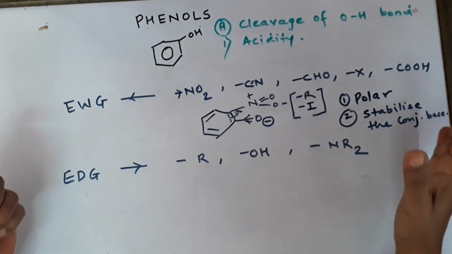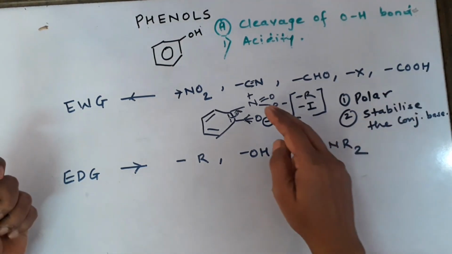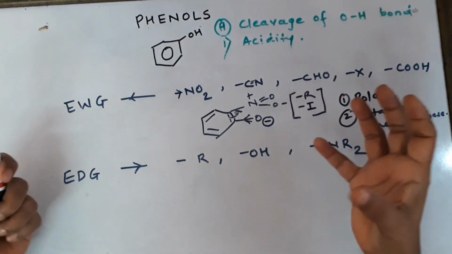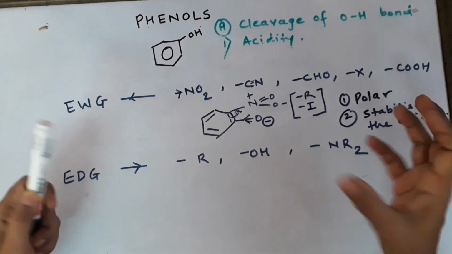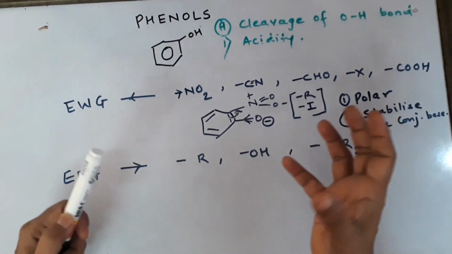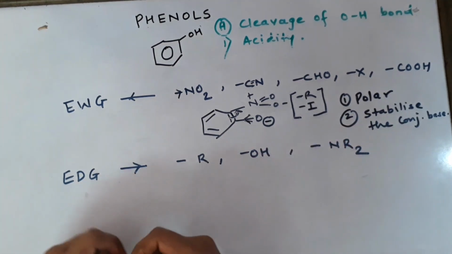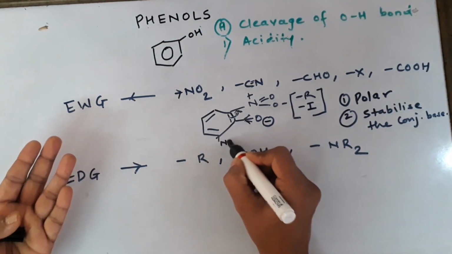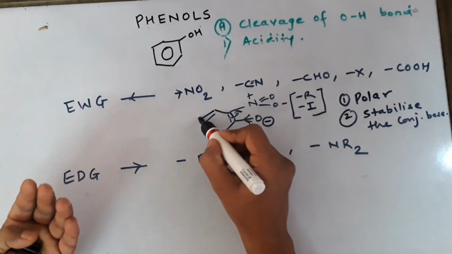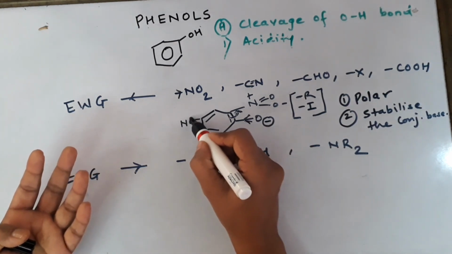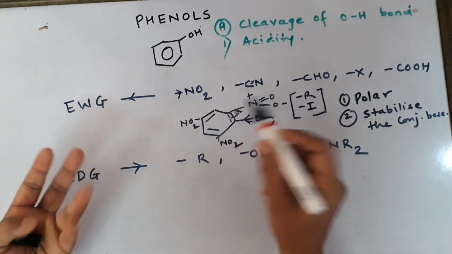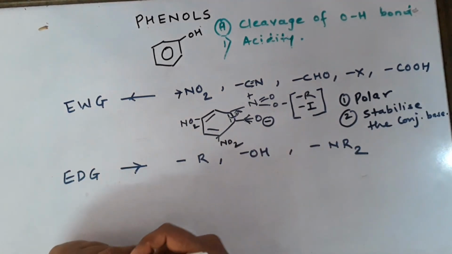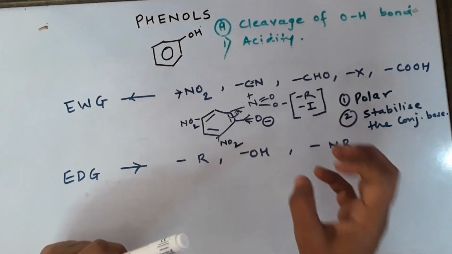Okay, so common sense says that if I introduce such groups in more number, then it will make the acid stronger. So the more such groups, the stronger will be the acid, and hence we will say that if I have the nitro groups, for example, at 3 positions in benzene like this, that is 2,4,6 trinitrophenol, then that acid is an excellent acid.